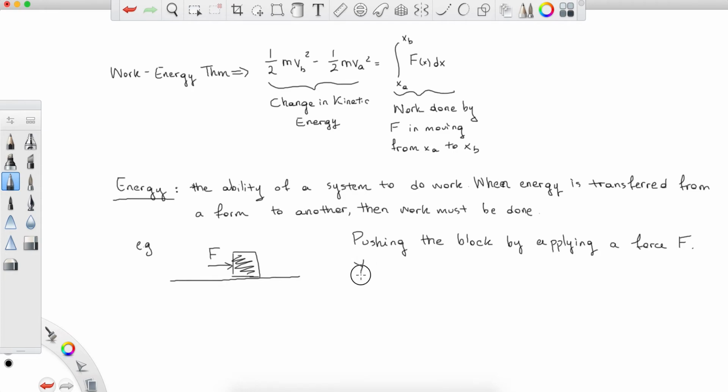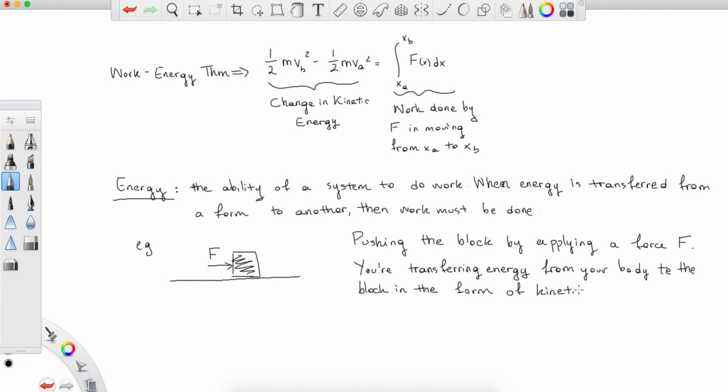So you're transferring energy from your body to the block in the form of, as we'll see later, a special type of energy called kinetic energy, which we will see very soon.